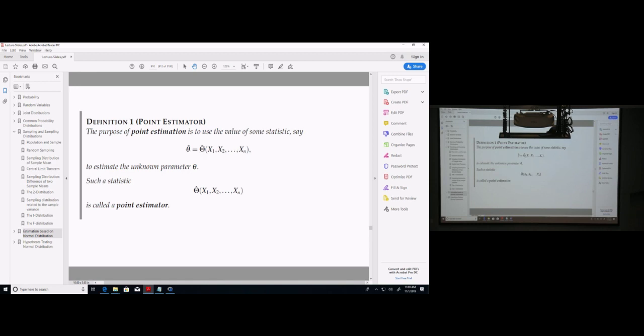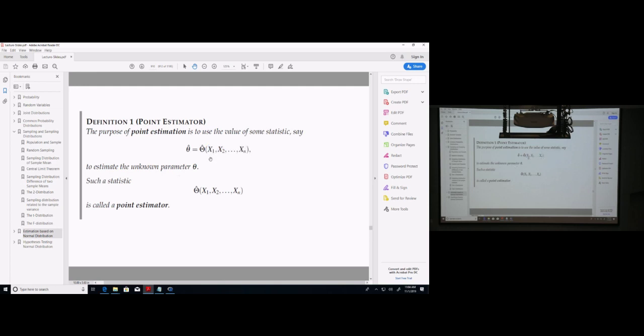And I have a hat, which means it's an estimator. It's not the real thing. It's something that I base on my sample to estimate. The idea is that without the hat, it's the real quantity. And with the hat, it means I have some way to estimate this, okay? And this is a formula. The formula involves the individual sample values. So this is the meaning here, all right?